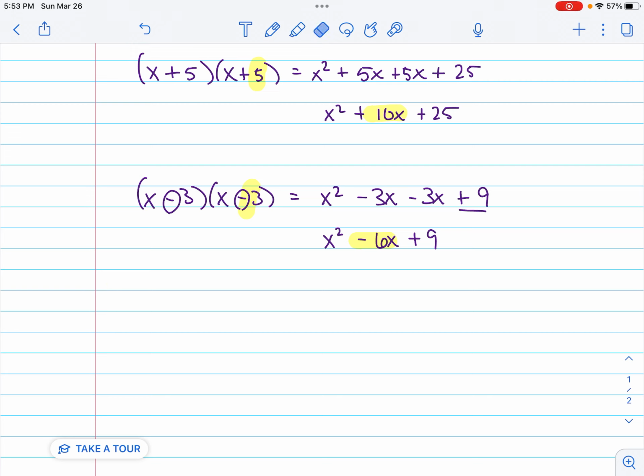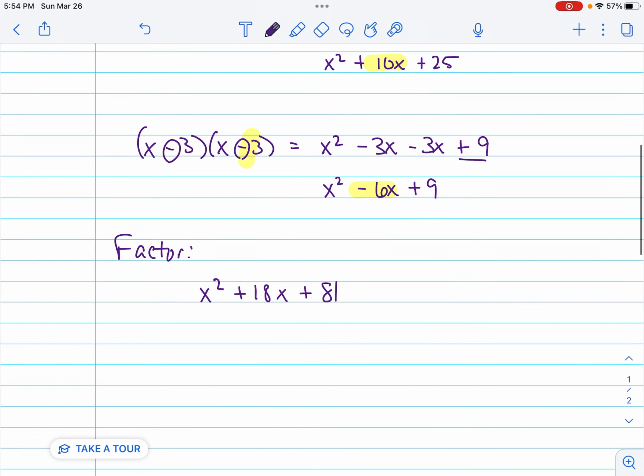If you're told to factor something like x squared plus 18x plus 81, you could still do this with the x method. You're still looking for two numbers that multiply to 81 and add to 18, but because that is 9 and 9, you can write it as x plus 9 squared.